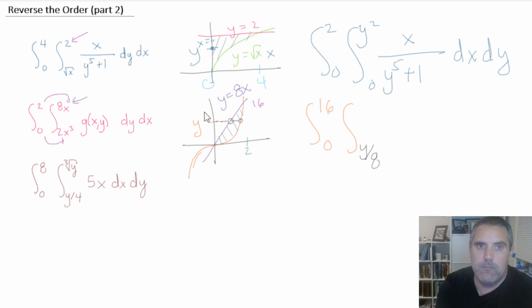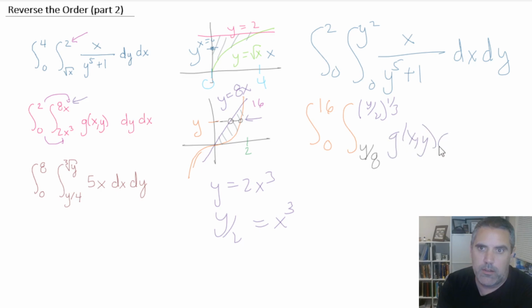Okay, that one's done. On the right is that cubic, y equals 2x to the third, and so I can divide by 2, take the cube root, and I'll be done. So y over 2 to the 1/3. And we're done. So it's going to be whatever, g of x y dx dy.